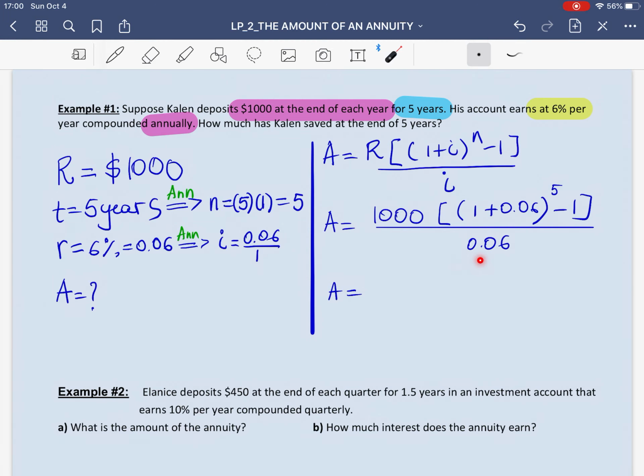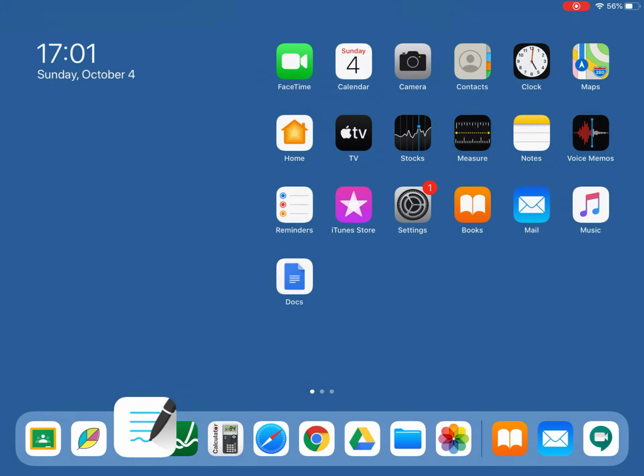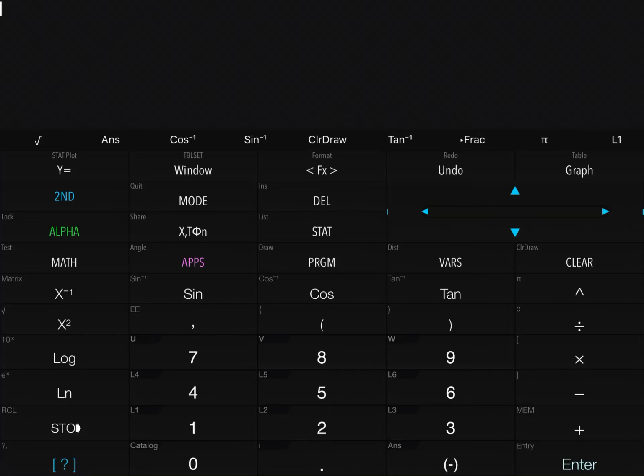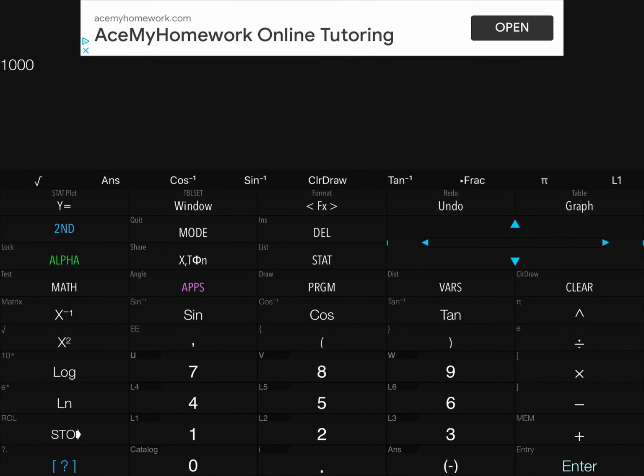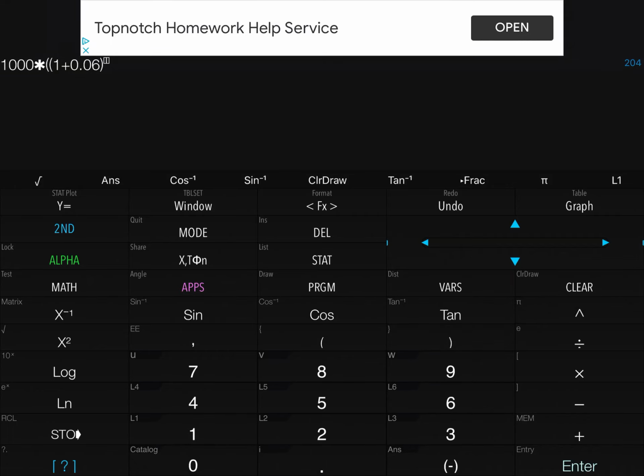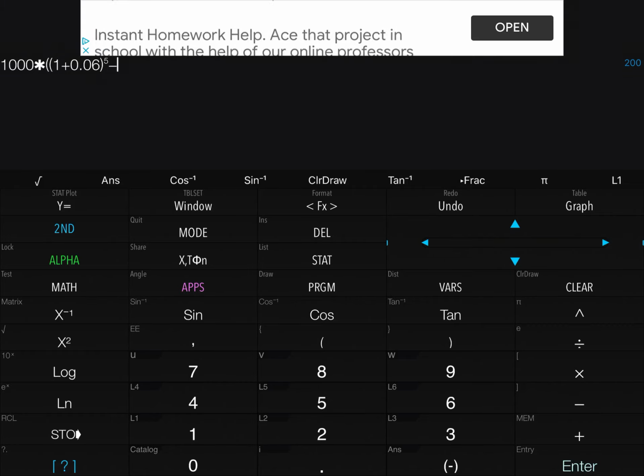The good thing here is that the denominator is just a number. It's not in fraction form. When in fraction form, the denominator must be kept in brackets, okay? So here we go. We have 1000, and then times bracket, bracket, 1 plus 0.06 to the power of 5, and then minus 1.